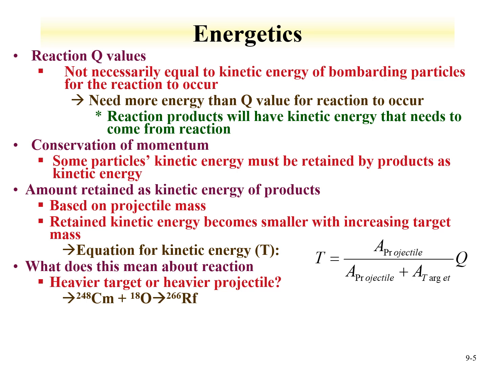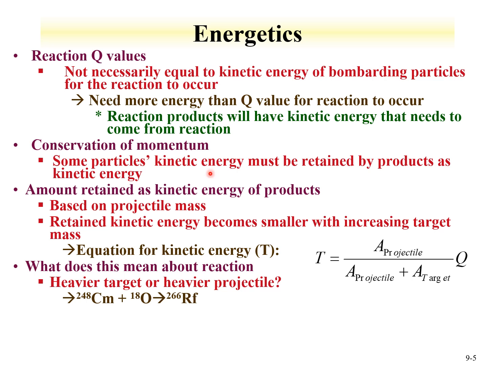The Q value, as we'll see, is a center of mass quantity, and we need to convert this to the laboratory frame. This is due to the conservation of momentum. The particle kinetic energy must be retained as product kinetic energy. So in other words, all the energy of the system that's defined by the Q value is not necessarily available just for the reaction. Some has to go into moving the resulting products.